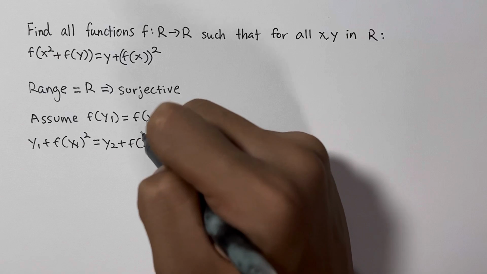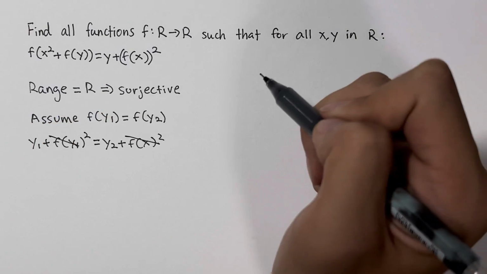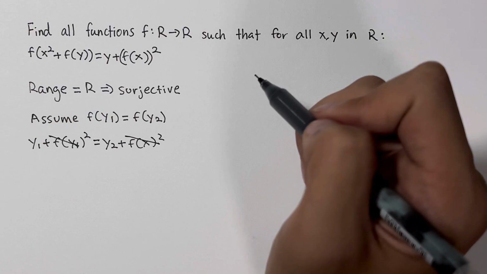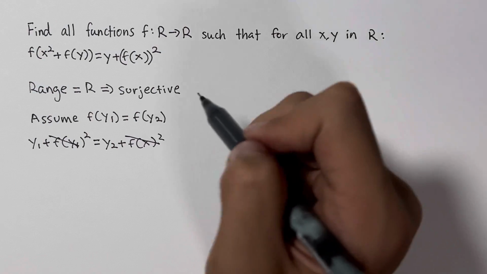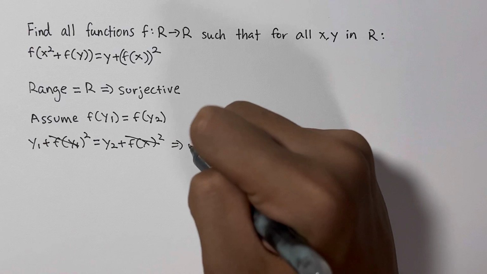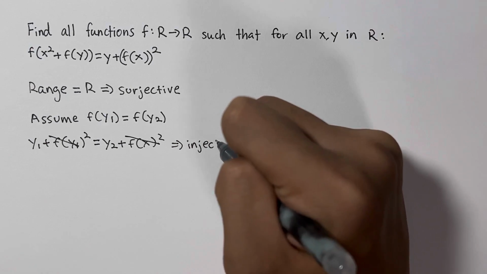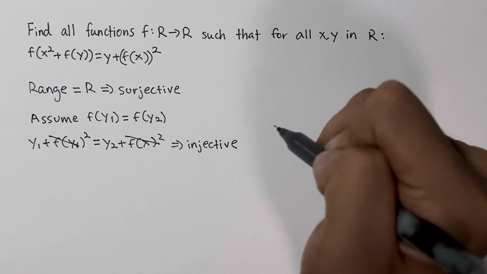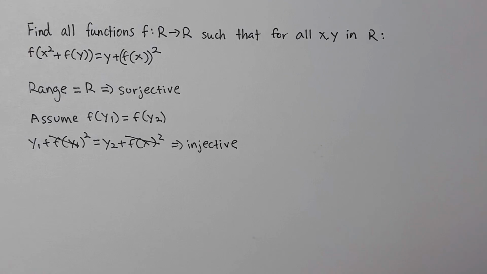The (f of x) squared terms cancel out. So this will leave us with y1 equals y2. So f is injective. Combining these two together means that f is bijective. This is a very strong condition for solving this problem.